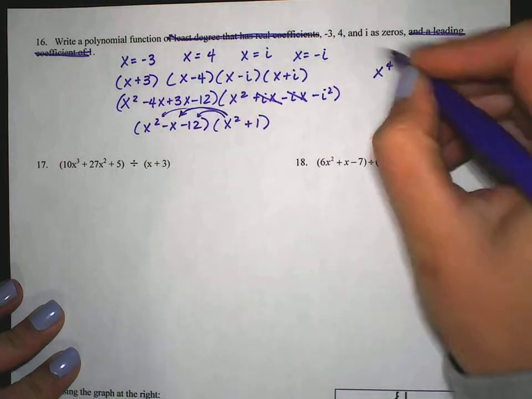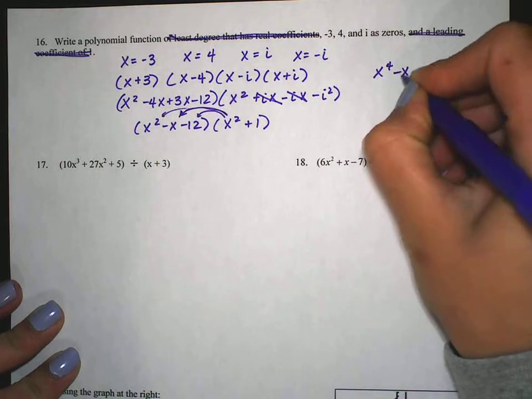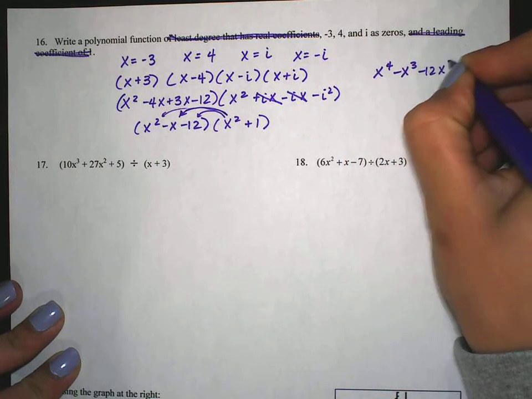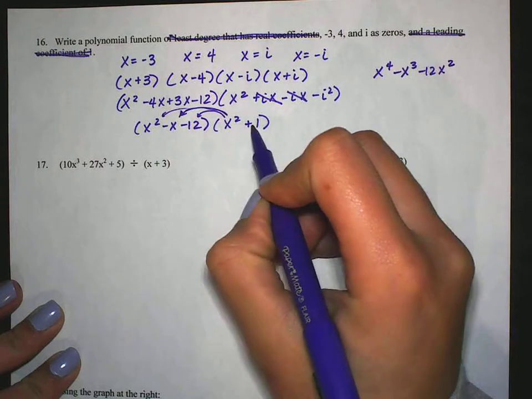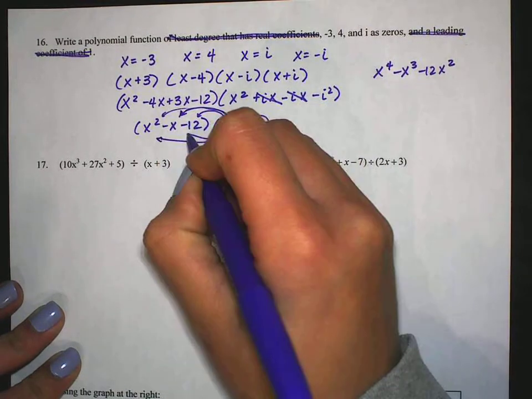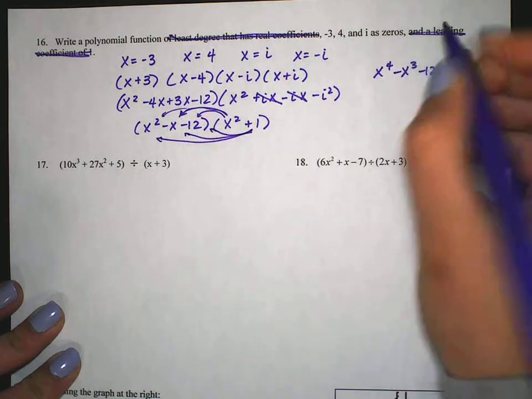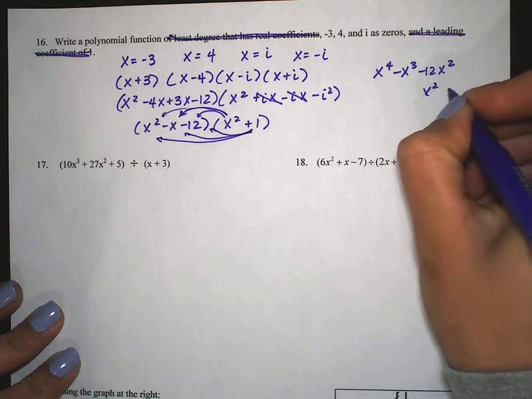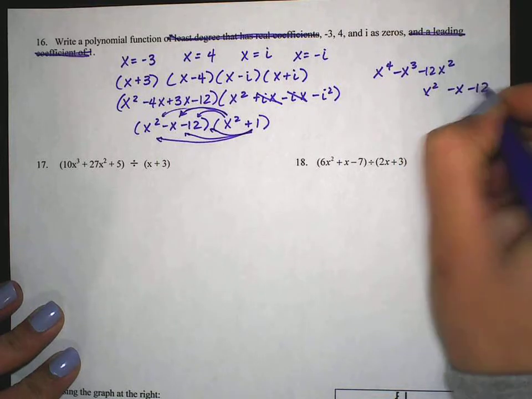X squared times -x is -x cubed. X squared times -12 is -12x squared. Second part, we go ahead and distribute 1 out. Remember, anything times 1 is itself. So I'm just going to get x squared minus x minus 12.